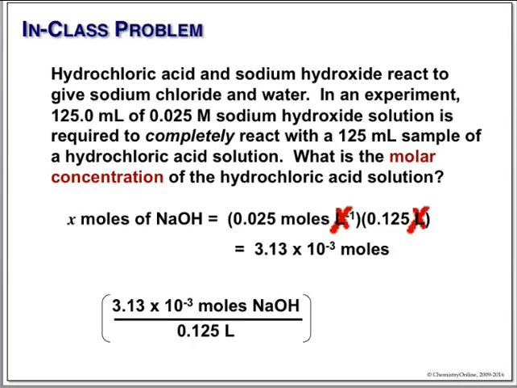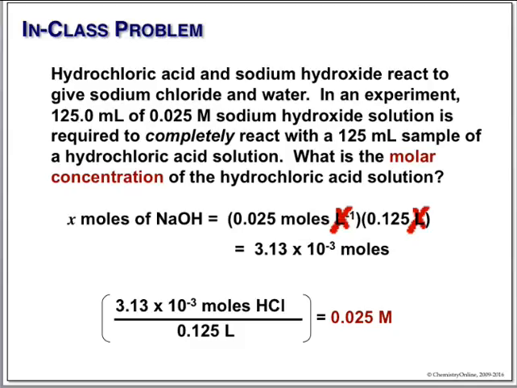And again, we're in 0.125 liters. But because this is 1 mole of each, we also must have 3.13 times 10 to the minus 3 moles of HCl. Because 1 mole of sodium hydroxide reacts with 1 mole of HCl. So, if we know moles and we know liters, by gosh, we know moles per liter, don't we? And that's our concentration.